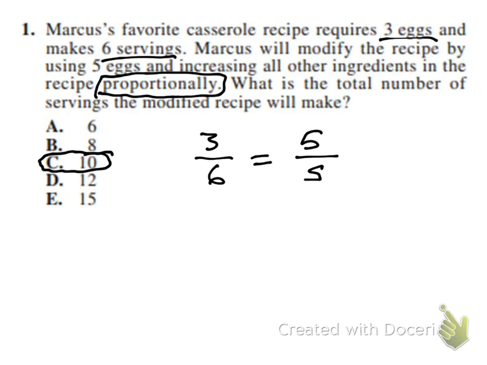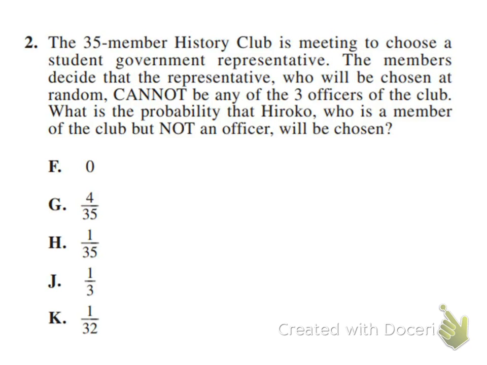All right, next question, number 2. The 35-member history club is meeting to choose a student government representative. The members decide that the representative who will be chosen cannot be any of the 3 officers. What is the probability, so this is a simple probability problem, that Hiroko, who is a member of the club but not an officer, will be chosen?